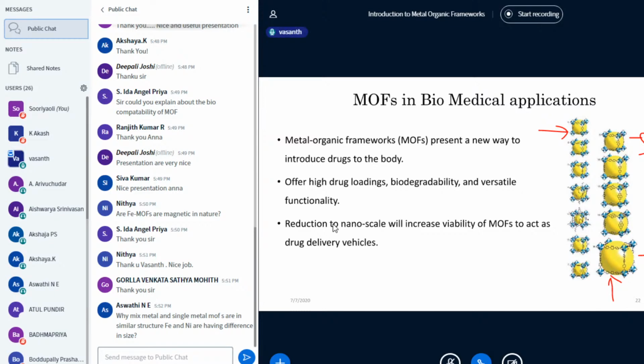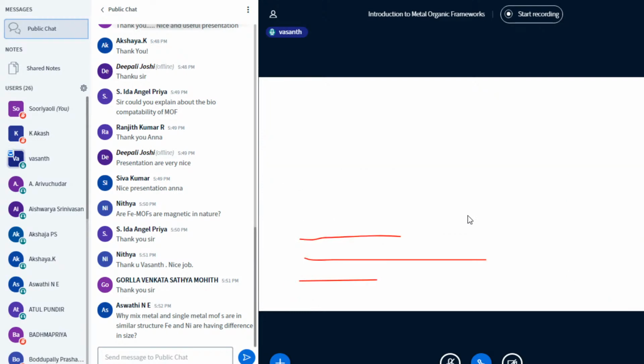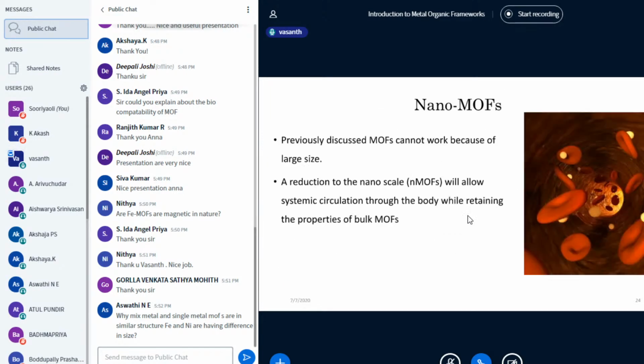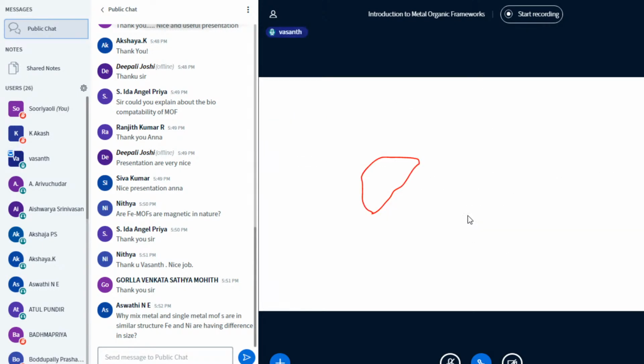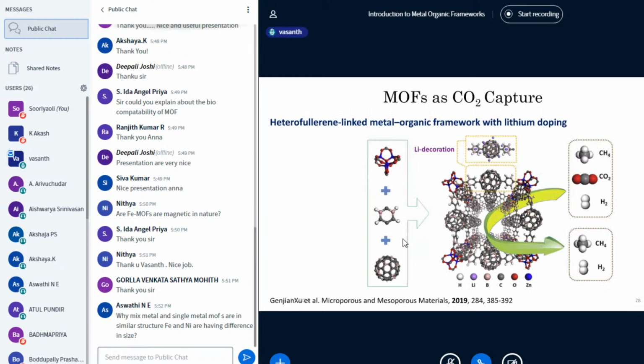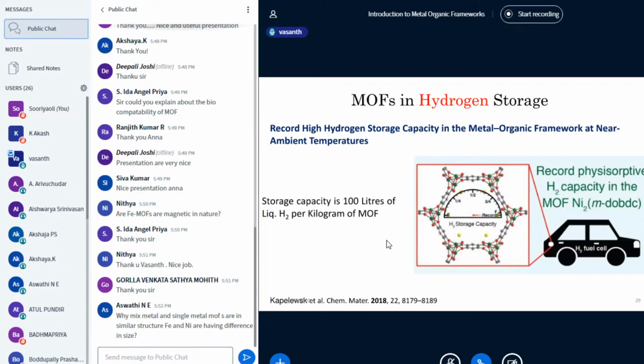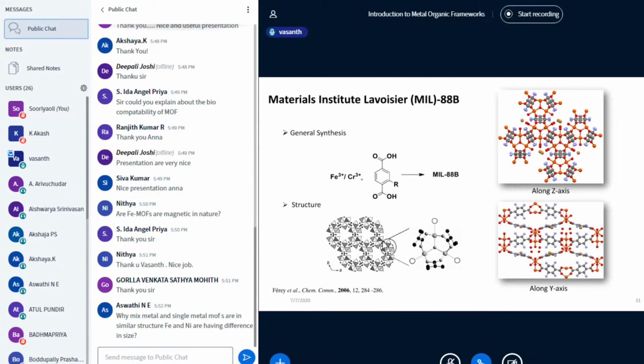Yes, Ashwati has a very interesting question. She has asked how single metal and mixed metal MOFs can have a similar structure. We could see iron and nickel are two different metals, and how can they form a single compound? Based on this, we have to think about the ionic radius of these metals.